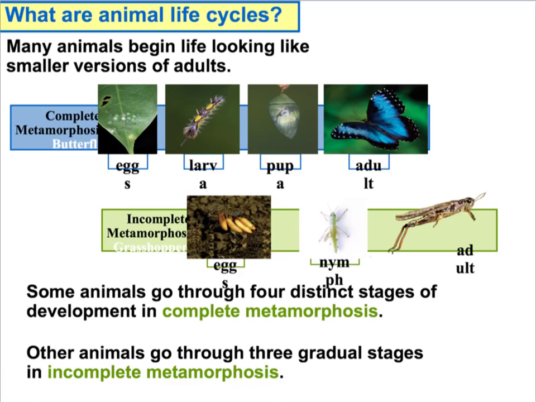Grasshoppers go through 5 separate sheddings just before they reach adulthood. With each stage, the wings emerge a little bit more, so they get larger and larger with each shedding. Okay, so again, that is the life cycle of the butterfly and grasshopper, complete metamorphosis and incomplete. Again, complete has 4 stages, incomplete has 3.